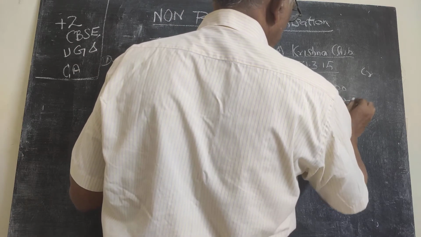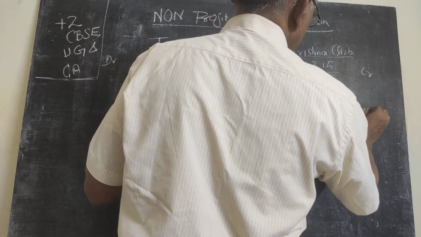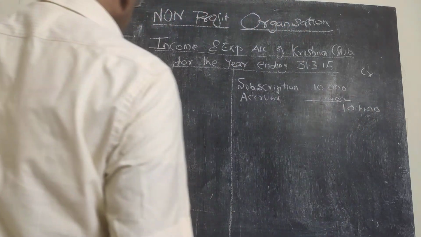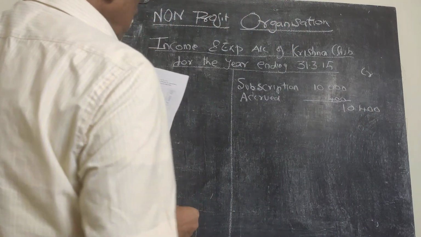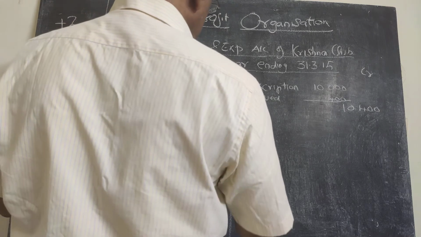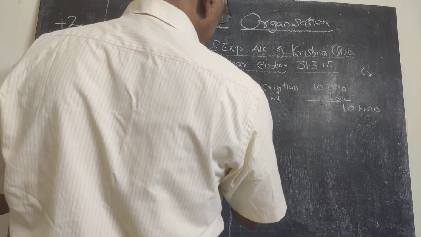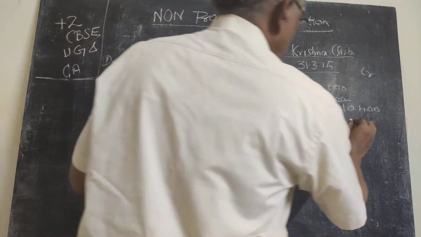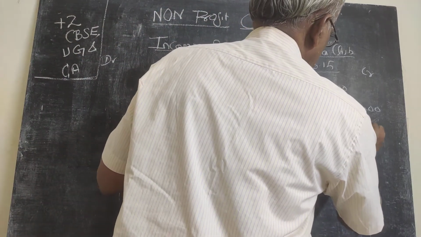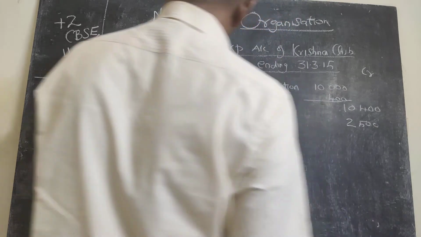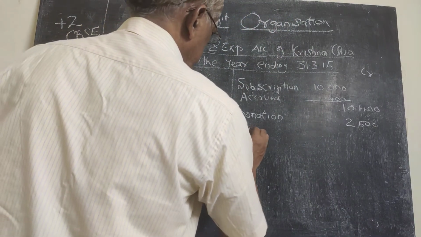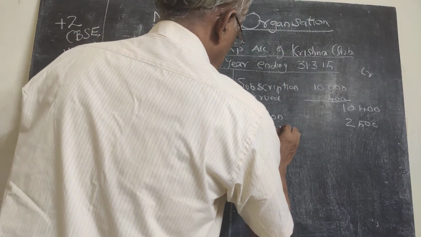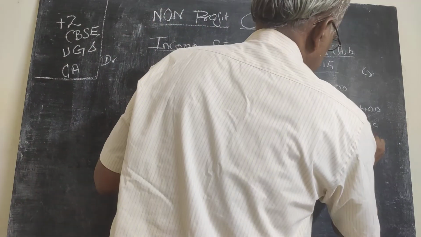So the total amount is 10,400 subscription. Donations 2,500. Hall rent 300.